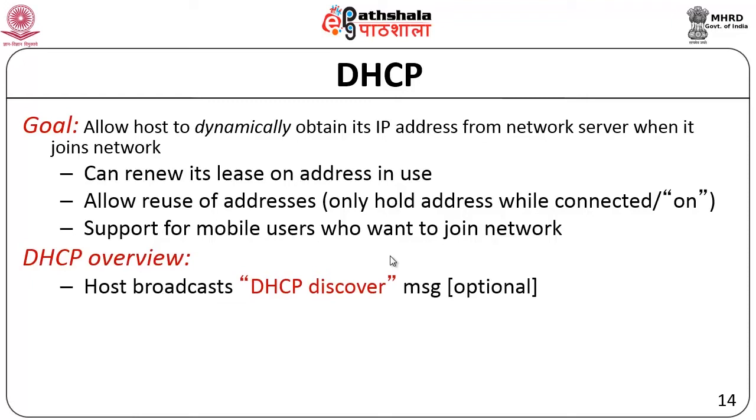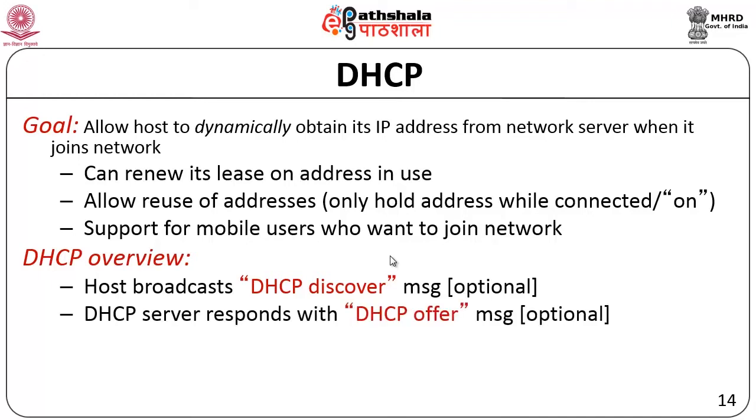So how does DHCP actually do this? Let's take a quick overview and then we will look at it in detail. The first thing that happens is, when a host joins a network, it broadcasts what is called a DHCP discover message. Now the DHCP server will respond with an offer saying that this is the IP address that I can offer for you, for whatever duration of time and whatever conditions.